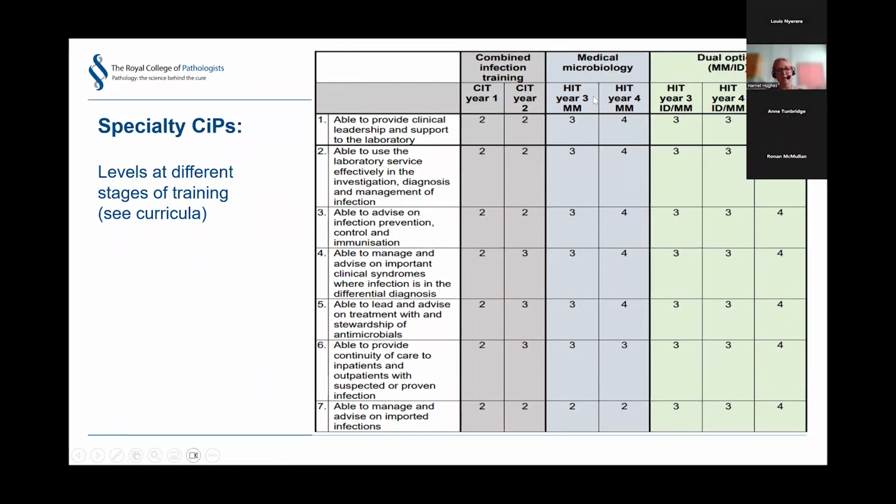By the end of your higher training, year 4 of your whole training, you are independent in all of the specialty SIPs number 1 to 5.